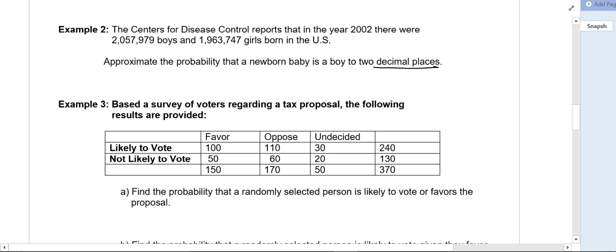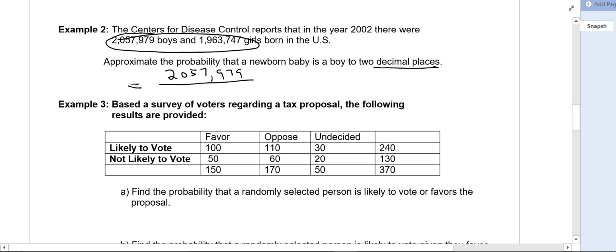Well, I'm not going to do that. Again, you know how to do that. This is not an algebra course. All right, I want the probability a newborn baby is a boy. How many ways can I select a newborn baby boy? 2,057,979 ways. What is the sample space? The sample space is the sum of these two numbers.